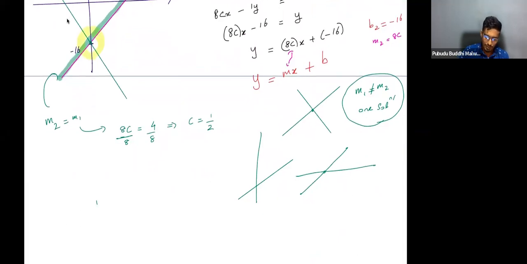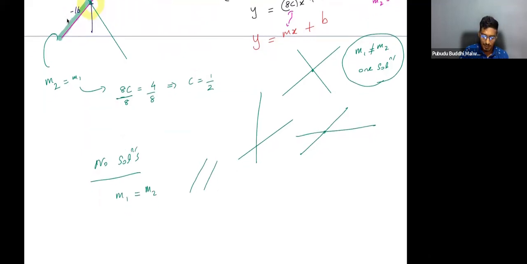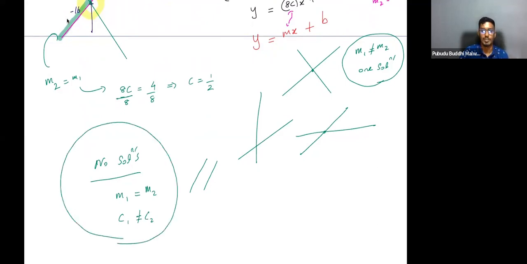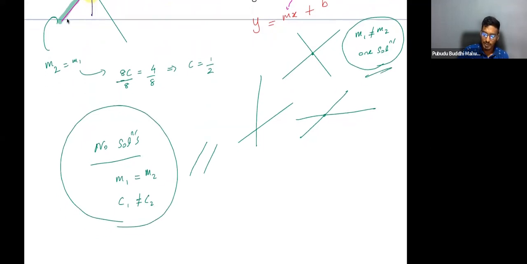Right? For no solutions, M1 definitely should equal M2 like this. But the y-intercepts should not be equal. Otherwise, you will get the infinitely many solutions case. This is the requirement for no solutions. For one solution, here's the requirement. It doesn't really matter what B1 and B2 are for the one solution case.